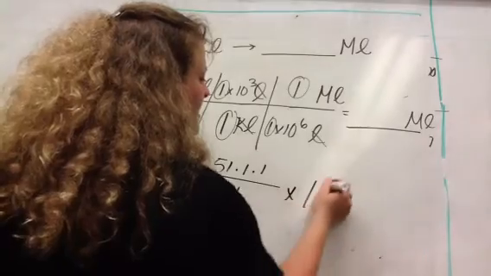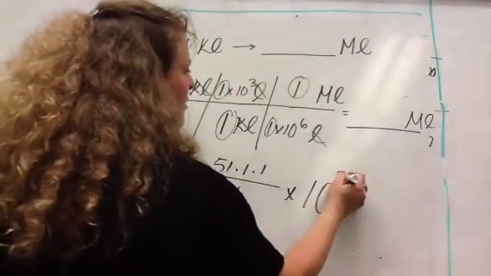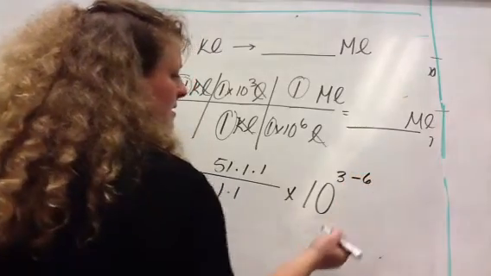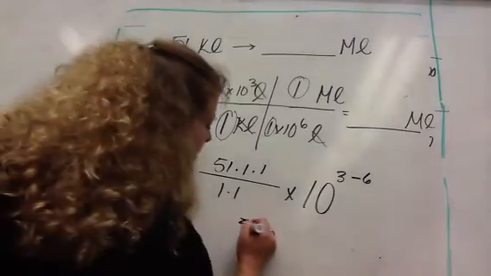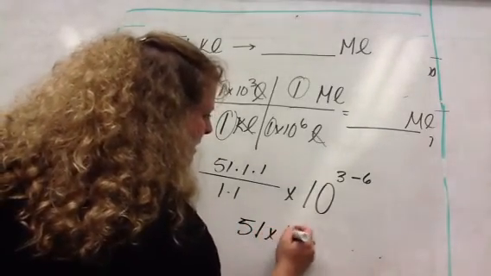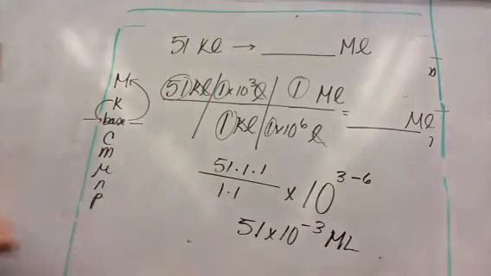The whole mess times 10 to the what? 3 minus 6. Yeah. So we have 51 times 10 to the negative third megaliters. We need to fix up our scientific notation.